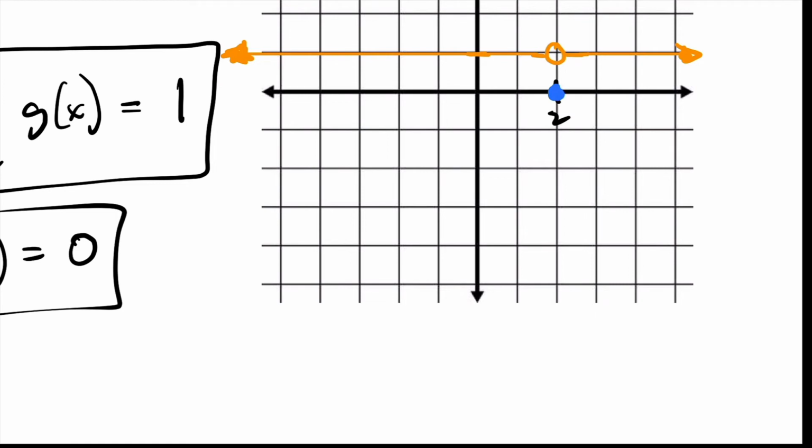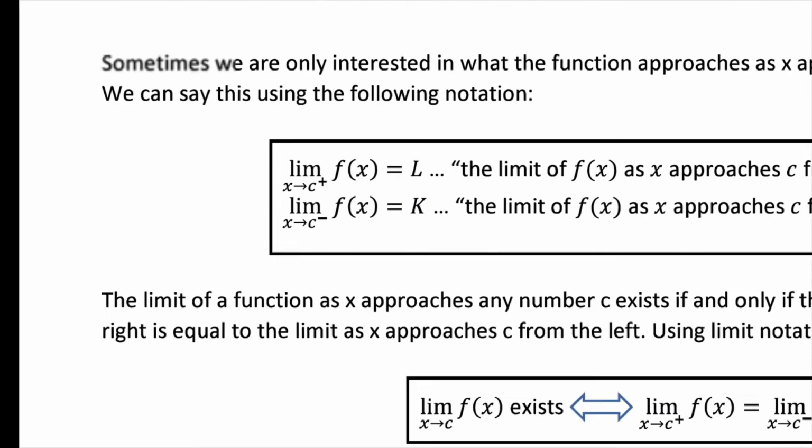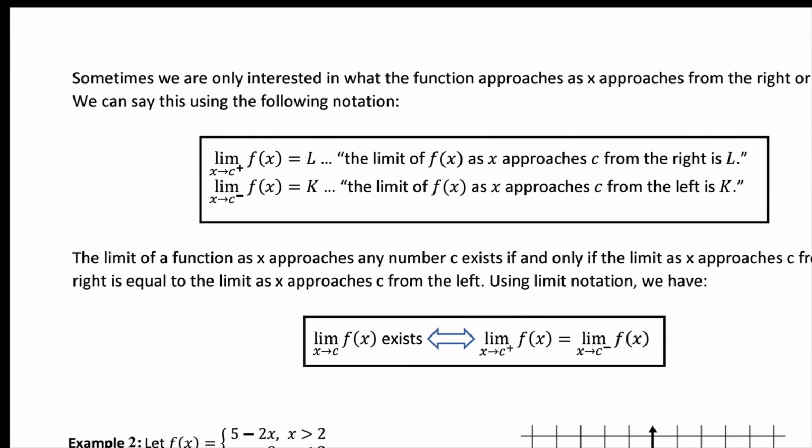In your notes, it says approaches from the right, approaches from the left. You're not going right, you're coming from the right side. Plus means go where the positives are. Minus means go where the minuses are.